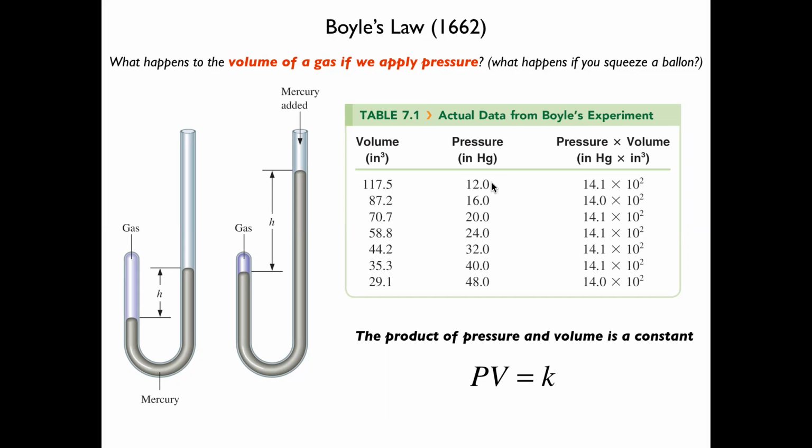We can now say, well, if I were to increase the pressure to 32 inches of mercury, what will the volume be? And because we know that in both cases, pressure times volume will give us the same value, we can take this value of K here, divide by the pressure, and solve for the volume.